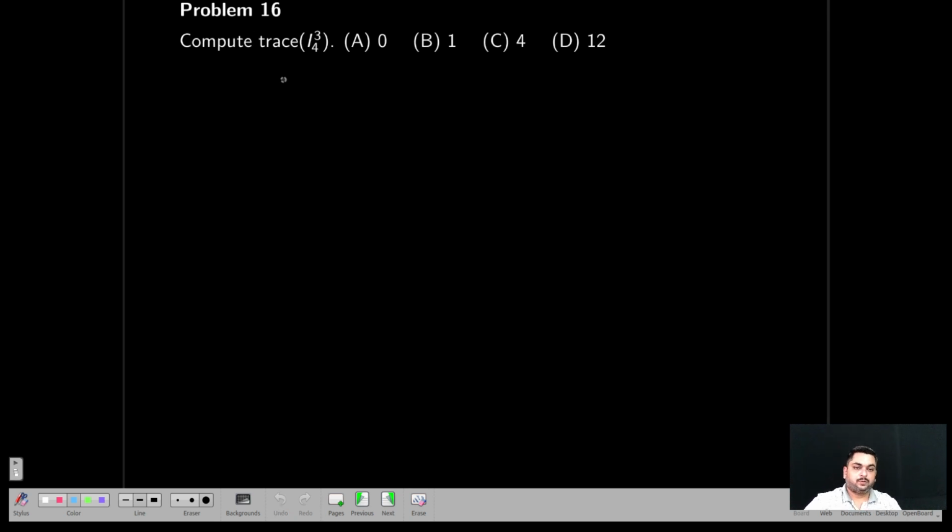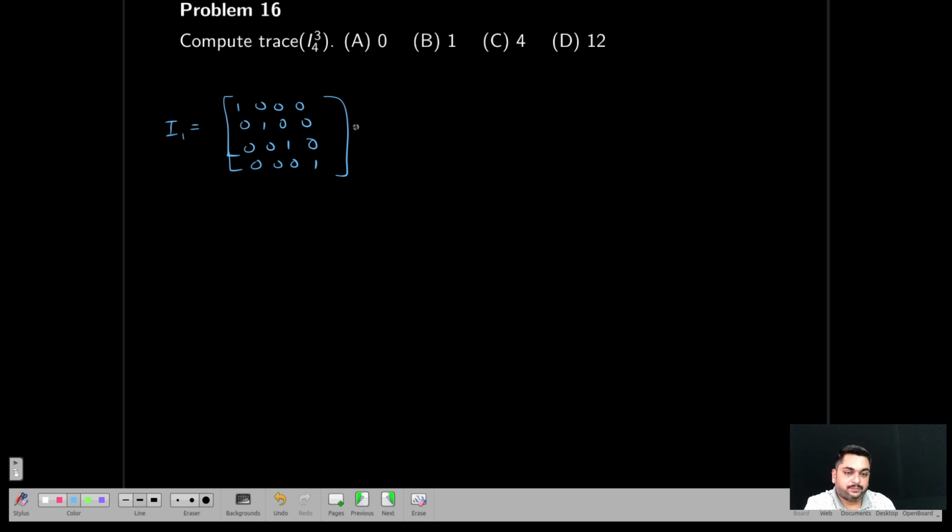Next, compute the trace of I4 cube. So I4 means what? Identity matrix, 4 cross 4 identity matrix. So you already know the property. The trace of identity matrix 4 cross 4 is the sum of the diagonal elements, so the trace is 4.